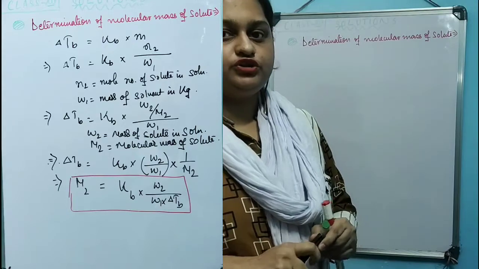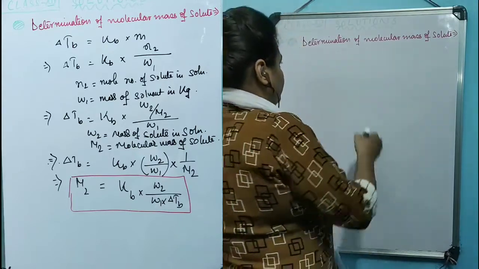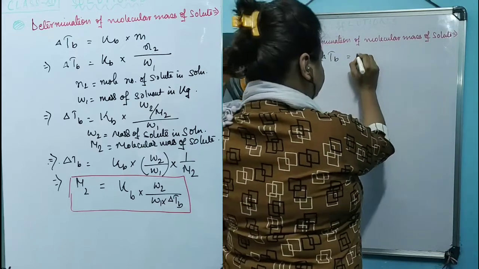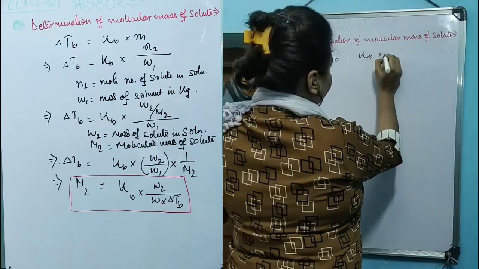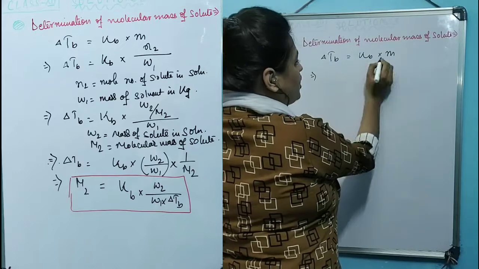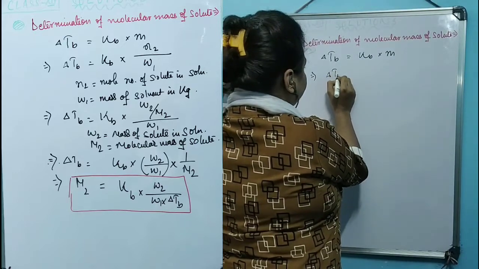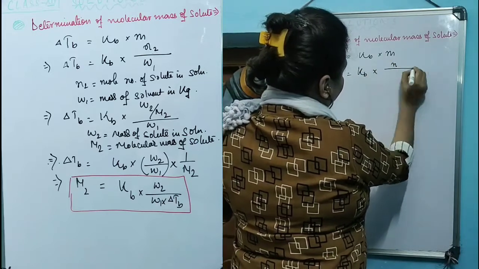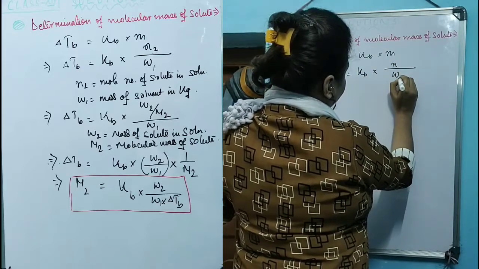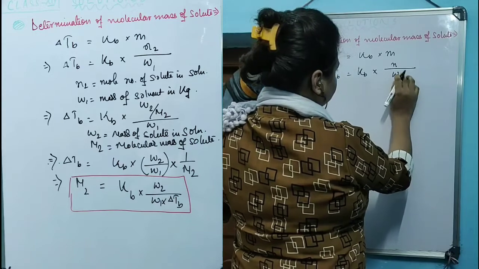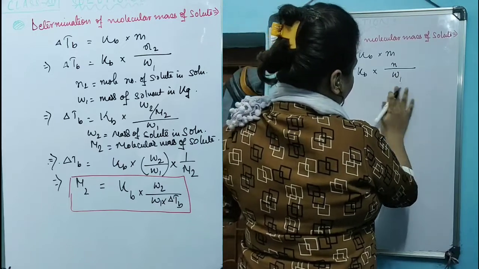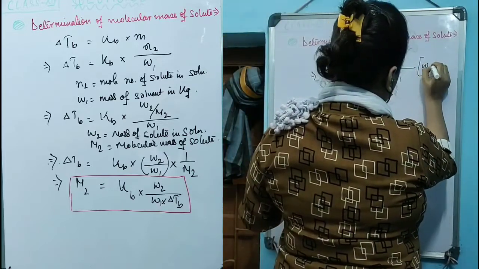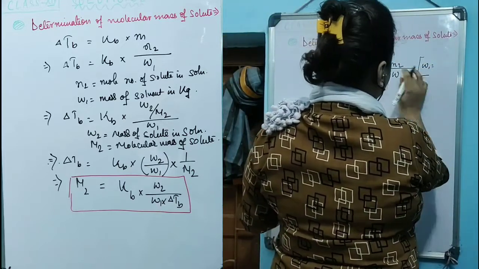The mathematical expression for the elevation of boiling point is delta Tb equals Kb multiplied by m, where m is molality. Delta Tb equals Kb multiplied by molality, mole number by W, that is N2 by W1.